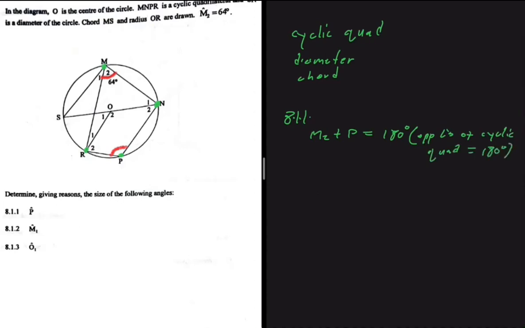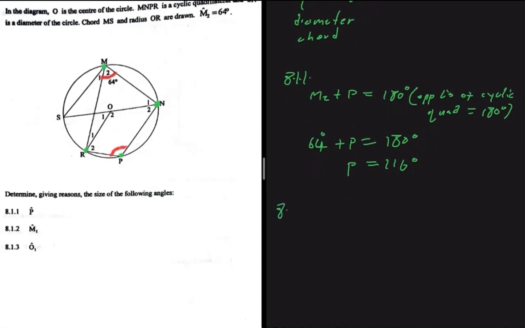And then what is the size of M2? M2 is 64 degrees, plus P, which we're looking for, equals 180 degrees. So now it should be easy to see here that P is equal to 116 degrees, right?